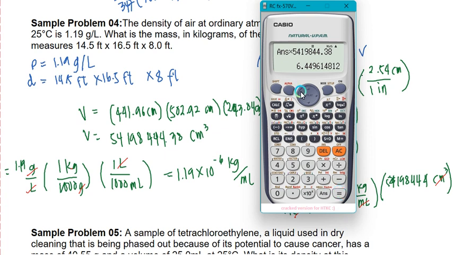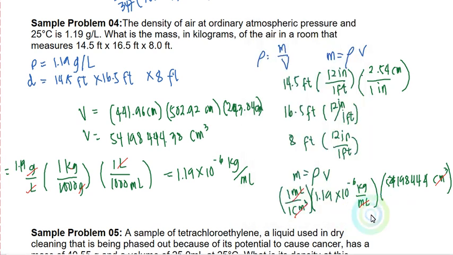Okay, kulang kita. Kulang tayo isa ka 4. So aton answer is equal to 64.40 or 64.5 na lang. So 64.5 kilograms.